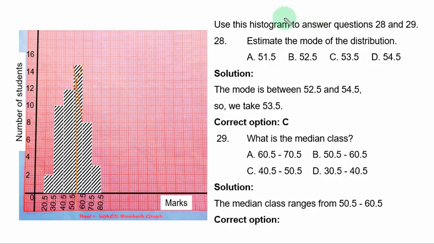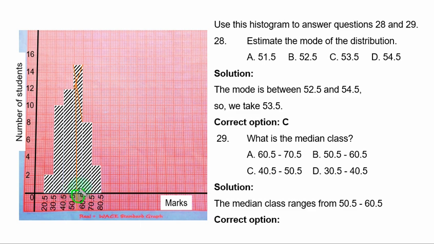Use this histogram to answer questions 28 and 29. Question 28. Estimate the mode of the distribution. The mode is obtained by joining the adjacent sides of the tallest bar to the corresponding two sides, and the point of intersection, you trace it down to this point.